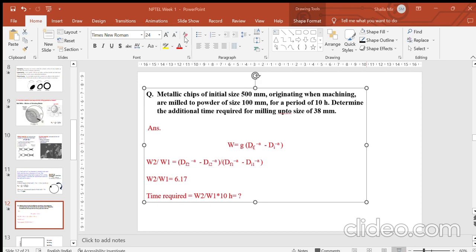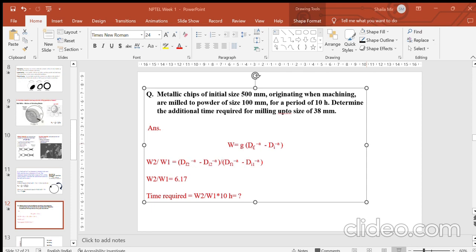So the milling process, the machining process, will result in converting the particle sizes of 500 mm to 100 mm. So this is step one. And this process, that is the conversion of the metallic chips from 500 mm to 100 mm, requires a time period of 10 hours. Okay, this is the amount of time that is required for milling of the metallic chips from 500 mm to 100 mm.